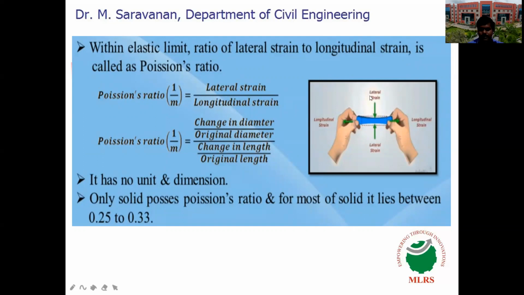When it is compressed, the diameter is reduced, so it is the change in diameter by the original. Longitudinal strain means change in length by original length, in the longitudinal direction. It has no unit and dimension. Only solids possess Poisson ratio, and for most solids it lies between 0.25 and 0.33.